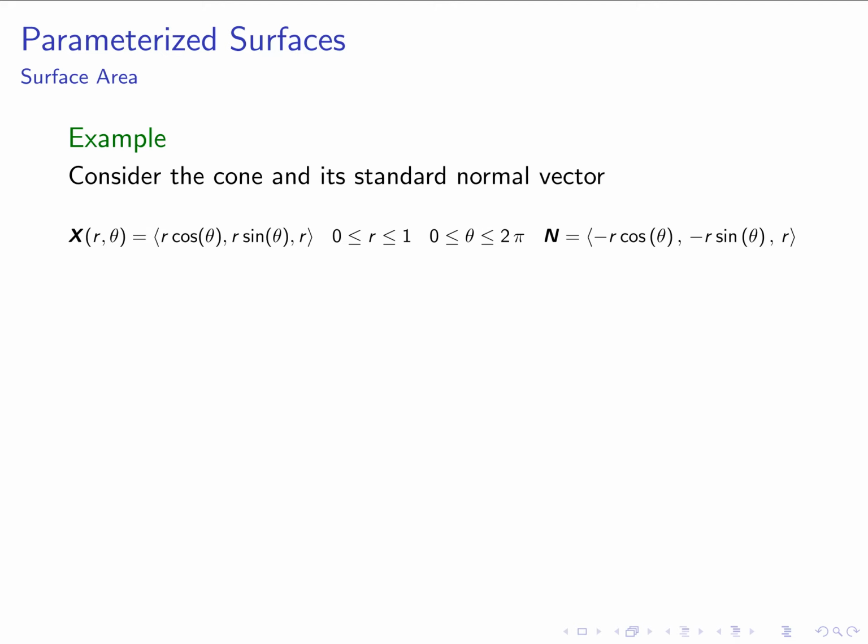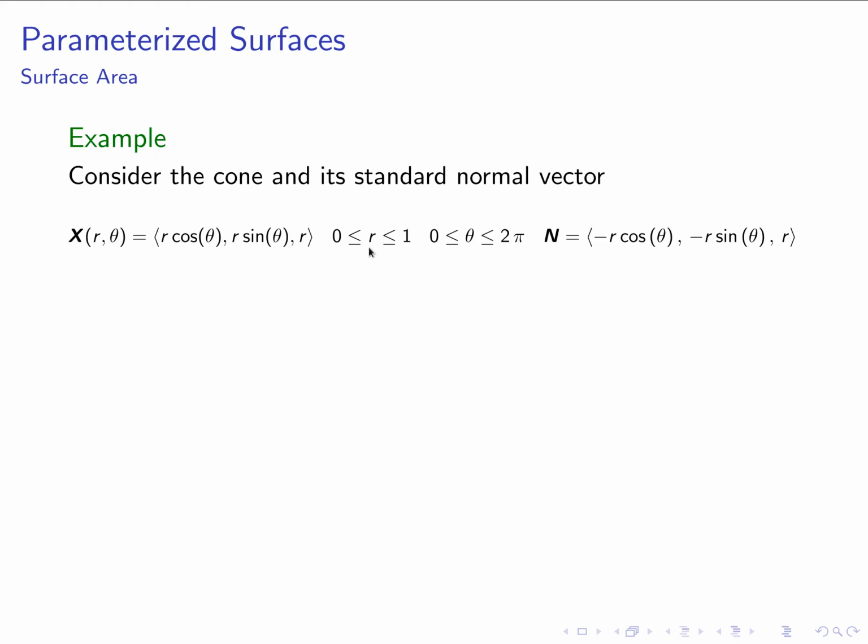So let's finish this lecture by looking at our cone example once again. So here we're writing down again the formula for our parametrization of our cone, where we're invoking cylindrical coordinates. So here, bold x of r theta is r times cosine theta, r times sine theta, and then little r.